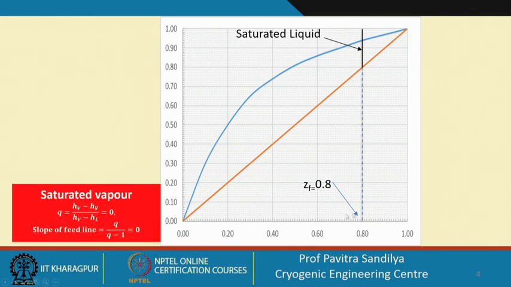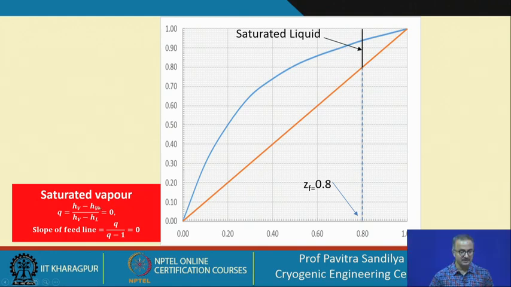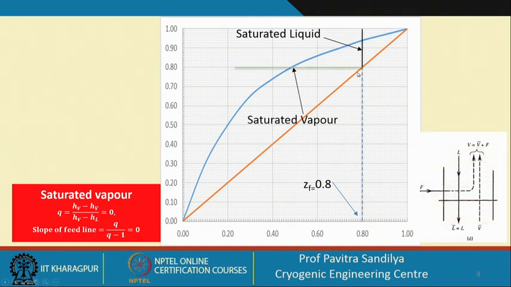Now, we go to the saturated vapor. In this case, we replace the feed enthalpy by the saturated vapor enthalpy HV, and we find the Q value comes to 0 and the slope of the feed line now comes to 0. It means that we are going to have a horizontal straight line for the saturated vapor, and we see in this particular diagram that the feed is a vapor only.